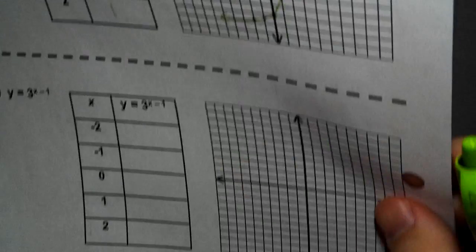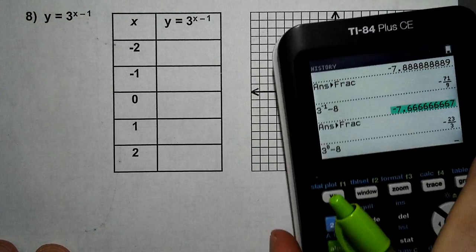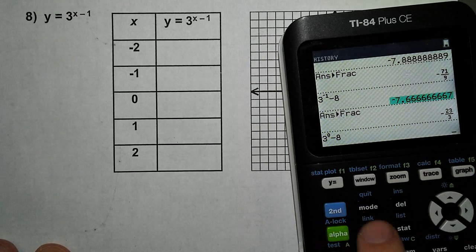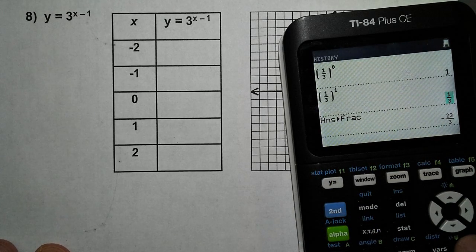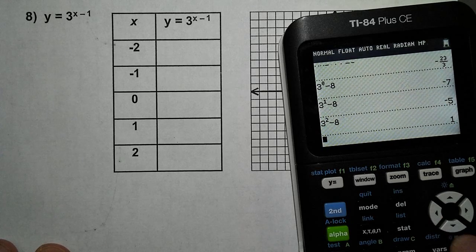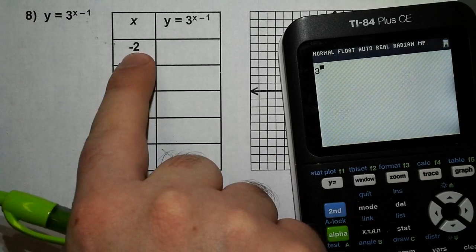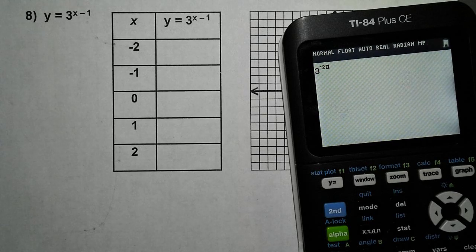All right, we've got one more. 3 to the x minus 1. So 3 caret, and then instead of x, I'm plugging in negative 2, and then minus 1, and all of that is in my exponent.